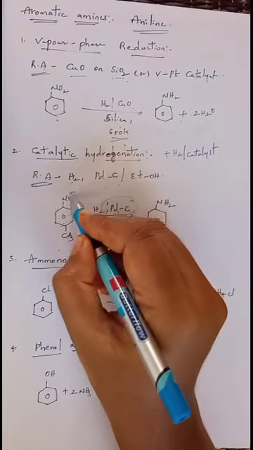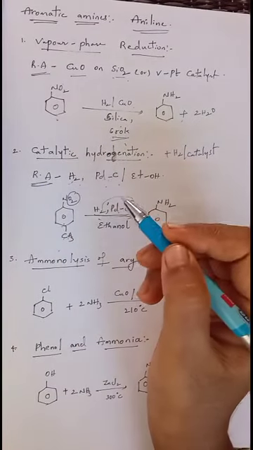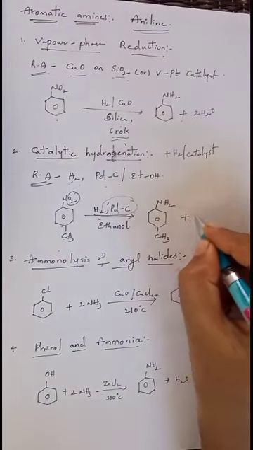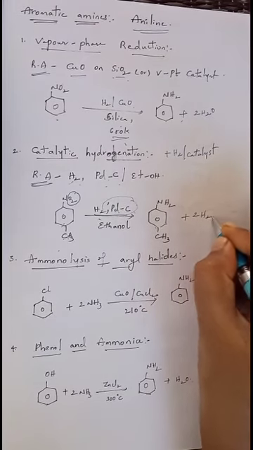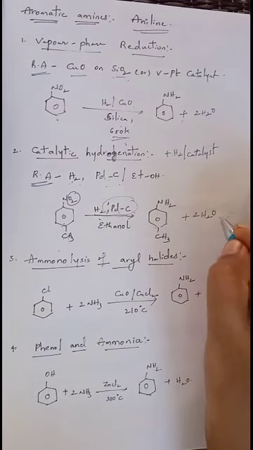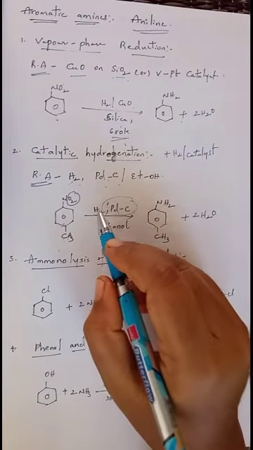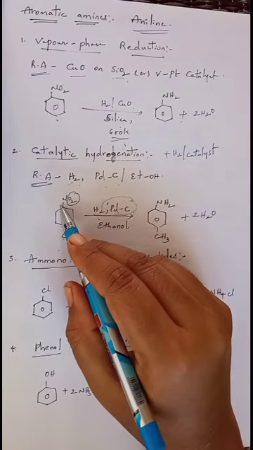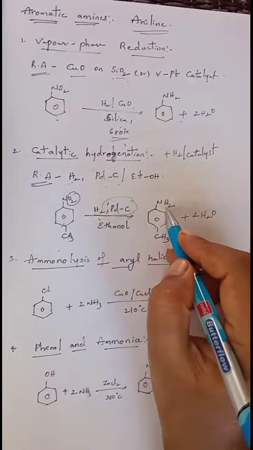What happened again here? The two oxygens present on the nitro group take hydrogens and are converted into 2H2O. Water is released, and the extra two hydrogens are added to the nitrogen, converting it into NH2.